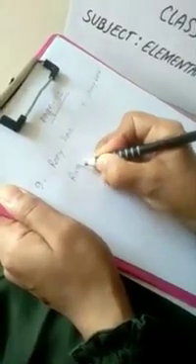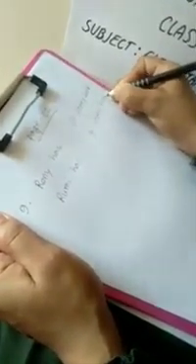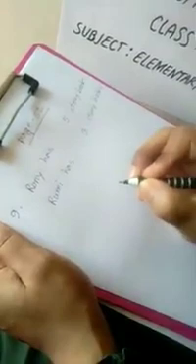Okay, I can write Ronnie has 5 storybooks, and another is Rumi. Rumi has 3 storybooks, okay. What can I do now?